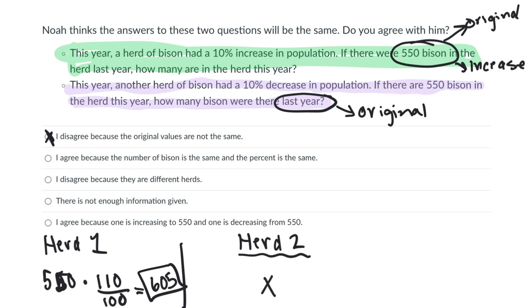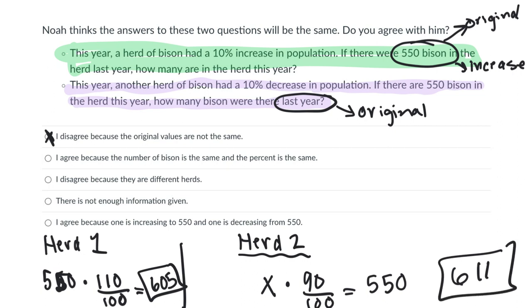We have our original value, we don't know what that is, and we are decreasing the population. So that's 90 over 100 equals 550. So I want to take the 550, and instead of multiply, I'm going to divide. I'm going to go 550 divided by 90 over 100, and we get 611 bison. So the amount of bison does not end up being the same.